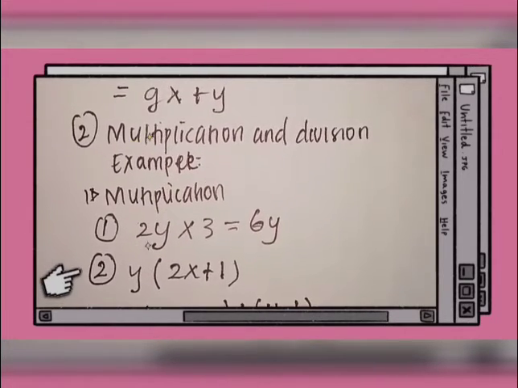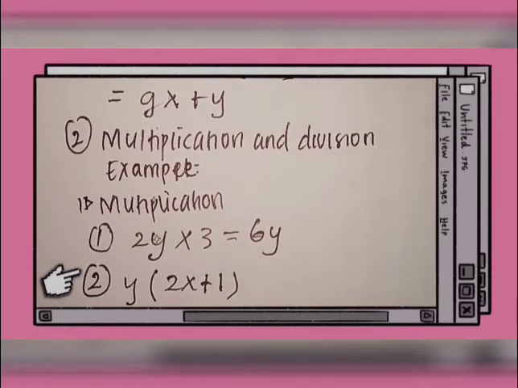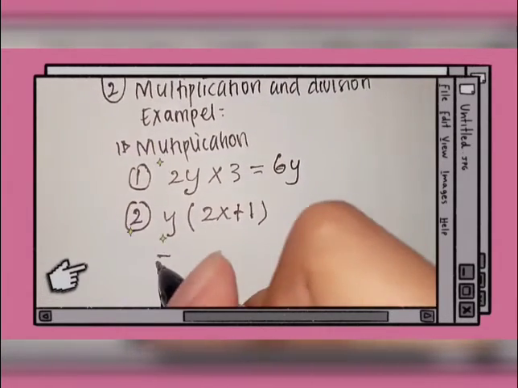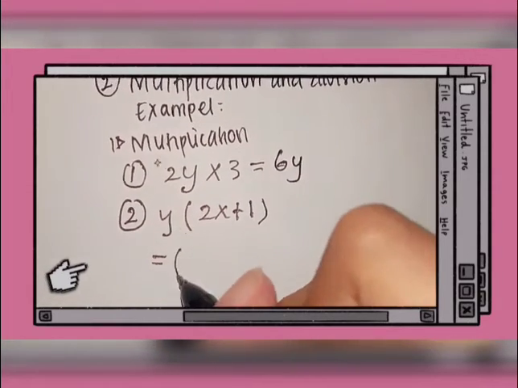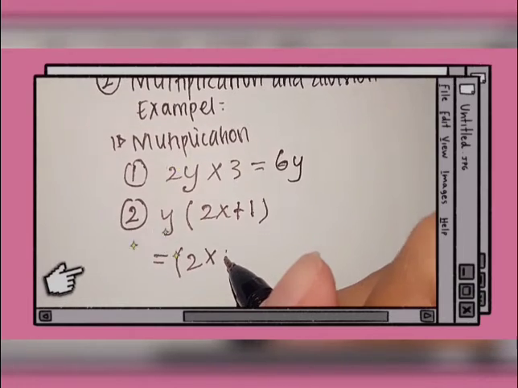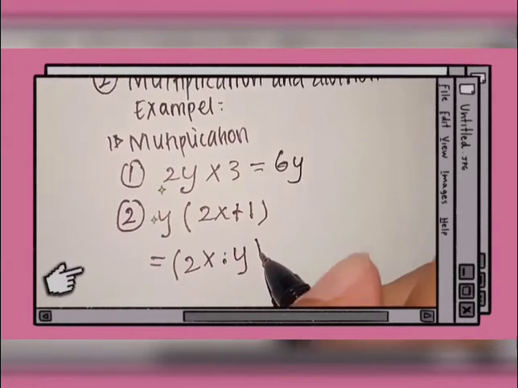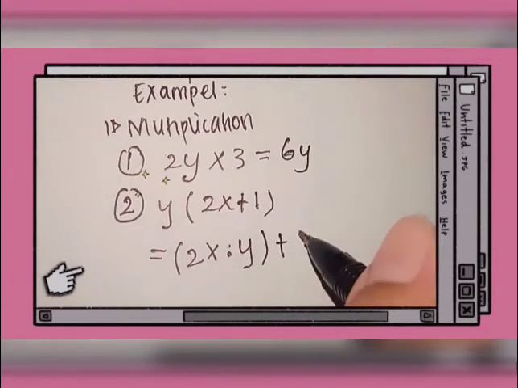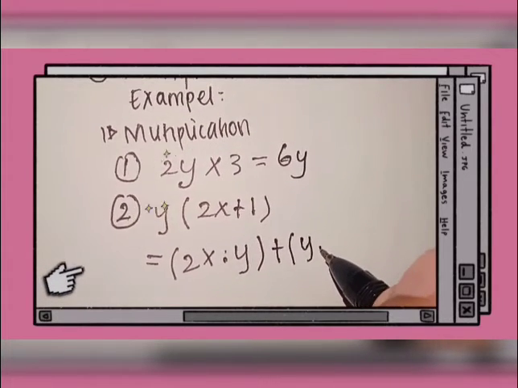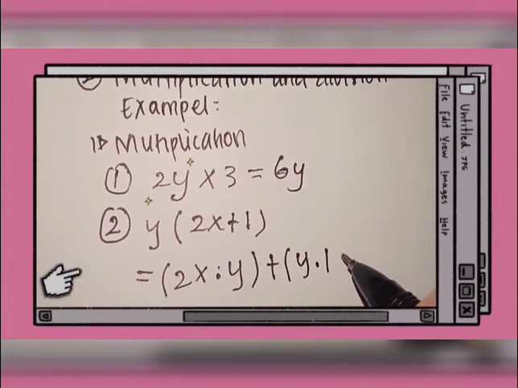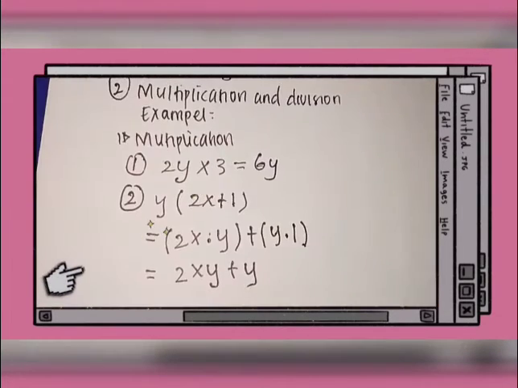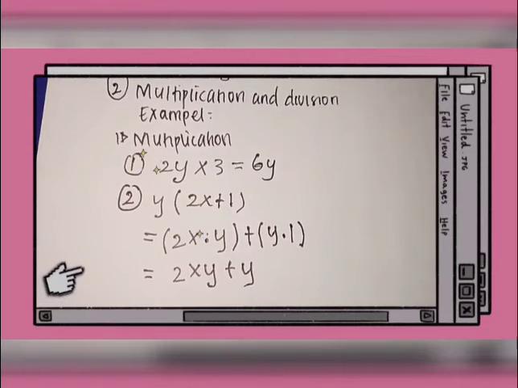Number 2, y times open bracket 2x plus 1 close bracket equals open bracket 2x times y close bracket plus open bracket y times 1 close bracket equals 2xy plus y.